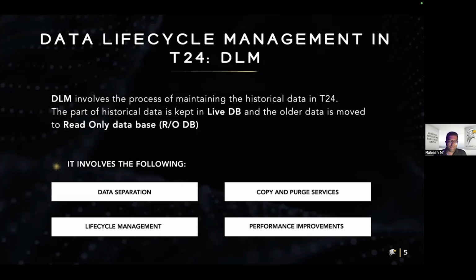When it is old, like 15 or 20 years, the bank will choose to move it to archival, keep it for a few years, and delete it if they want to. During these 10 to 15 years, the database growth will be huge and they can't control it. For example, if you want to fetch any details through an inquiry, it will give a timeout due to the huge database size.